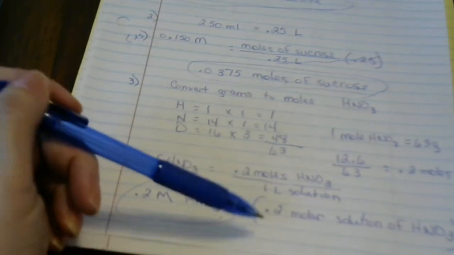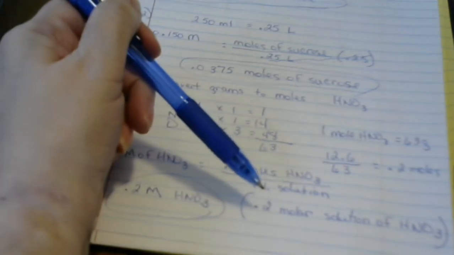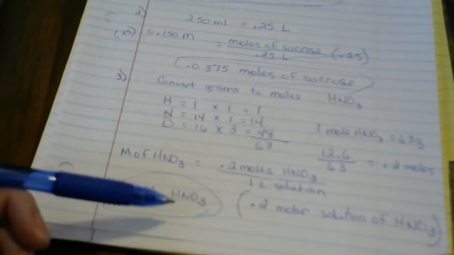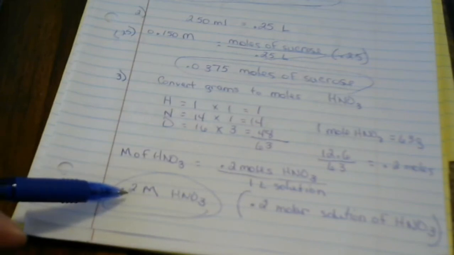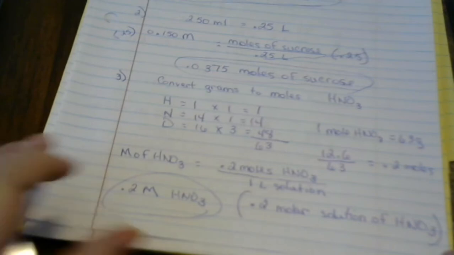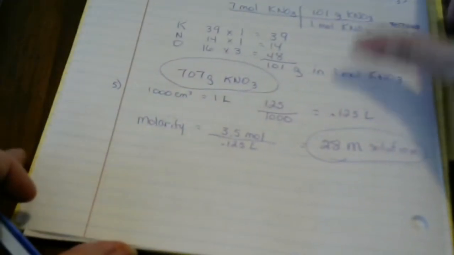And I put this here because it's not obvious how you say it. So I just wanted to give you guys a note on that. It's 0.2 molar solution of the chemical. Okay, so it's 0.2 molar solution of HNO3. Just to give you a pointer on that. Okay, now number 4, let me pull it down.